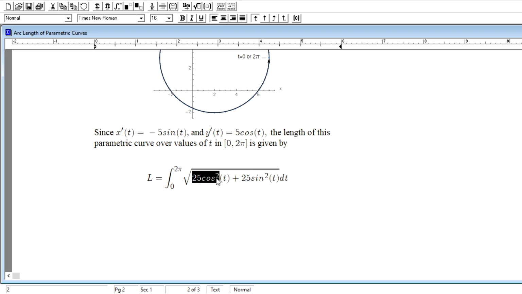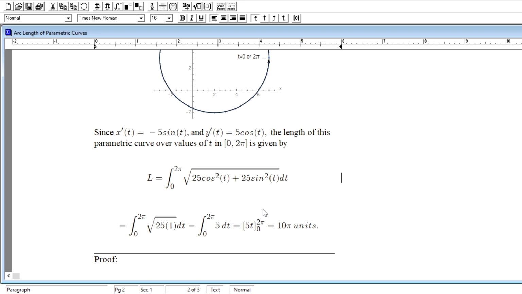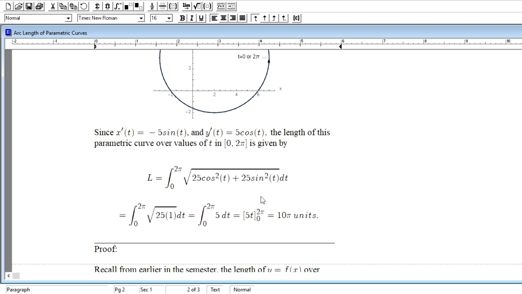Now, if you take note of this value under the radical, you can factor the 25 out of each of these terms, leaving behind just cosine squared t plus sine squared t, where we know that value is equivalent to 1. So the value underneath the radical is really just the square root of 25 times 1, or the square root of 25, which is 5.